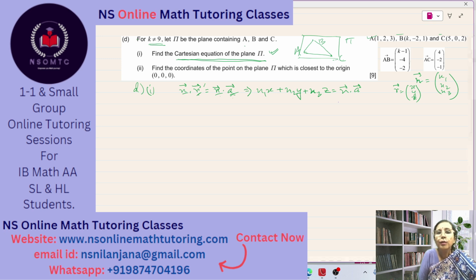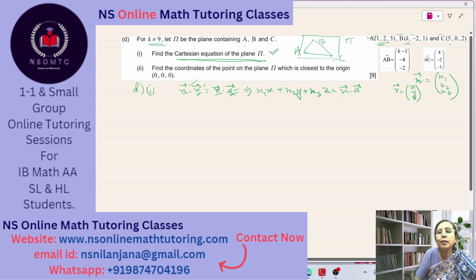Okay. So for that, the first thing that we have to find, this position vector of any point is very easy to find, because we cannot take the point B because B is having this k, but we can of course take the point A or the point C. So that is fine. But the first thing that we have to get is the normal vector.